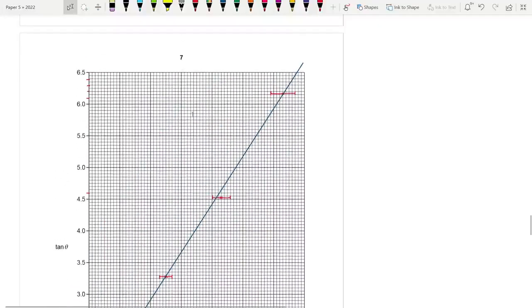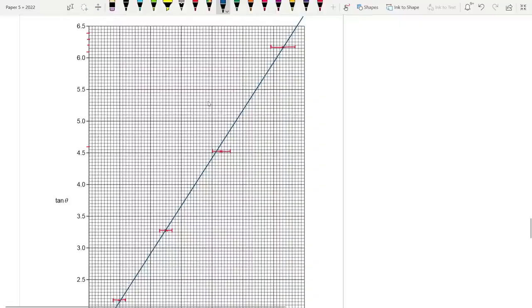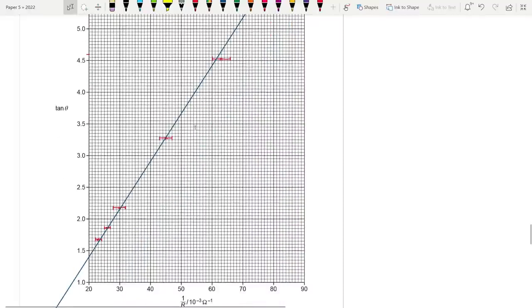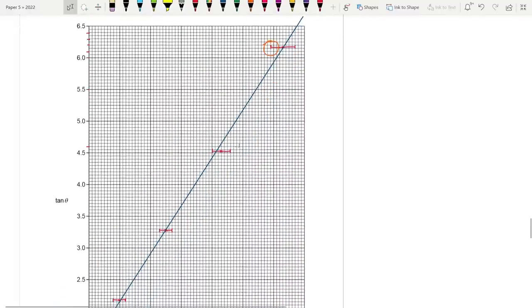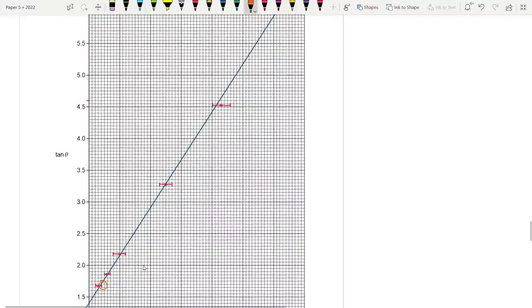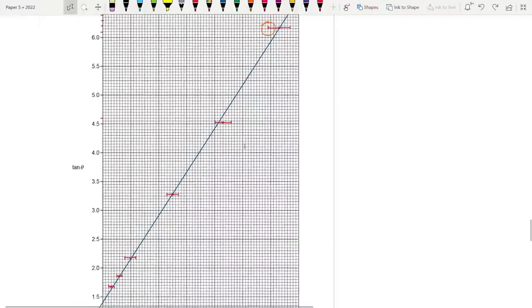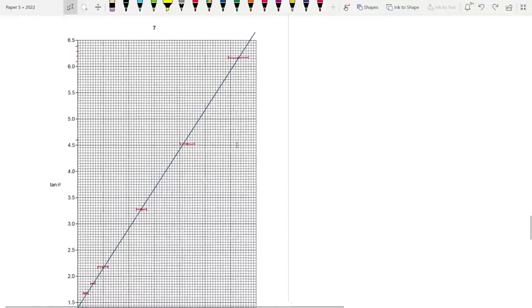Now to draw the worst acceptable line, you have two options. You can either opt for the upper bound of the highest point and the lower bound of the least point, or you could go for the lower bound of the highest point and the upper bound of the least point. Okay, so let's go for the first option.